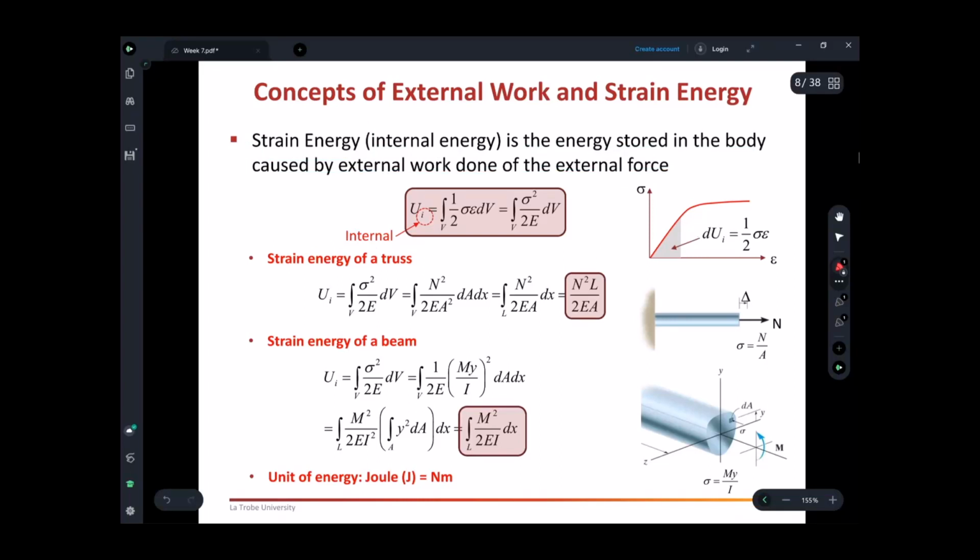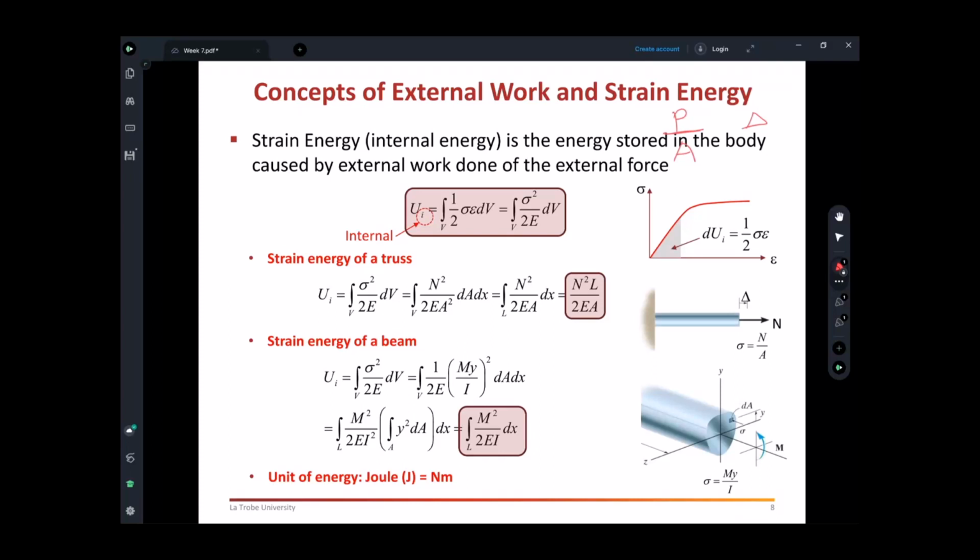Now, when you talk about the internal work done, like in the external work done, you have load and displacements, right? Internally, we need to divide this load by area, because the internal energy should be stored depending on how much area there is.